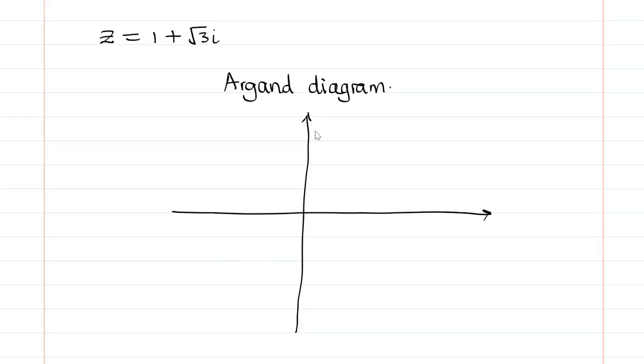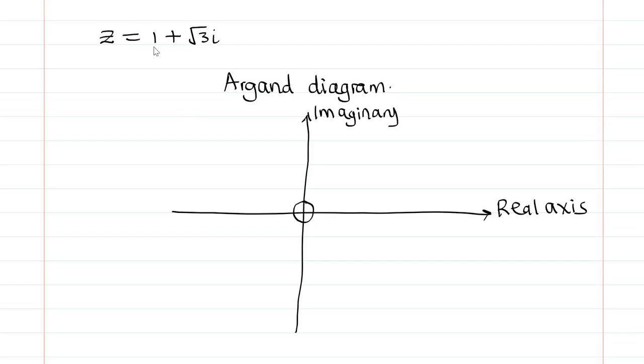The vertical axis is what we call the imaginary axis when you are looking at the complex plane. And then the horizontal axis is the real axis in the complex plane. This one is called a complex plane. But if we represent a complex number on it, then it becomes the Argand diagram. So this is our origin O.